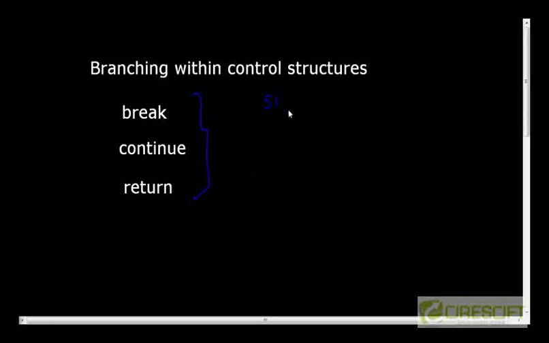So we have statement 1, statement 2, statement 3 within a controlled structure, say if, for, whatever. We don't want to execute the whole block of statements. For example, we want to execute only the first two statements, and we're going to branch out and get out of the loop after two statements in some situations.